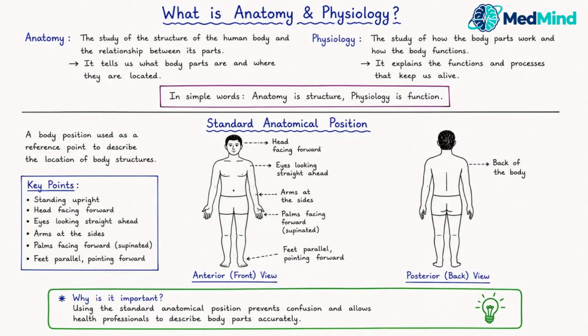Okay, let's do another real life example. Think about a car. Knowing where the engine is, that's anatomy. Understanding how the engine makes the car move, that's physiology. Easy way to remember: anatomy equals structure, physiology equals function.